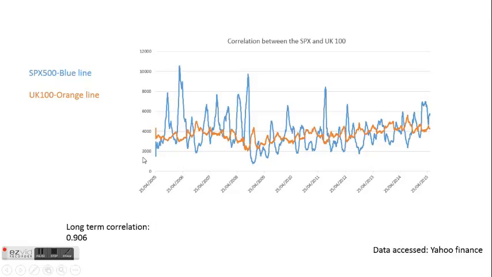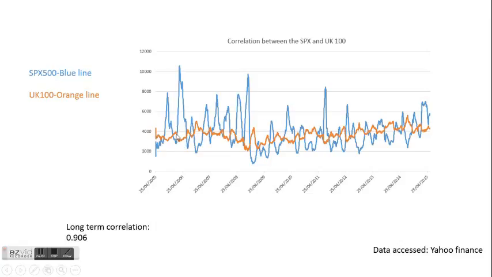The graph lines have been adjusted so that the difference between the true values of the markets is removed, i.e. the SPX is worth roughly 2,075, and the UK 100 is worth 6,340. So it basically just normalizes these.